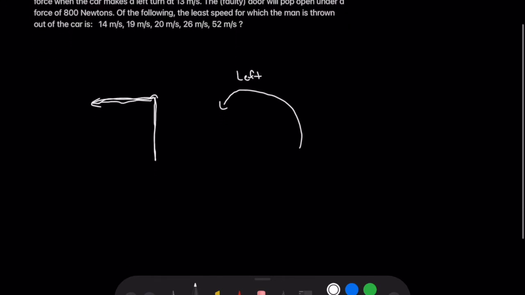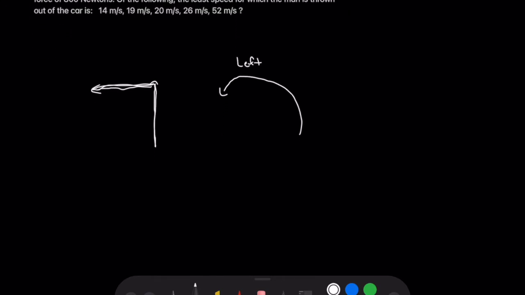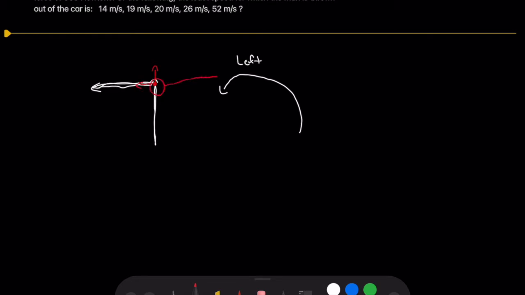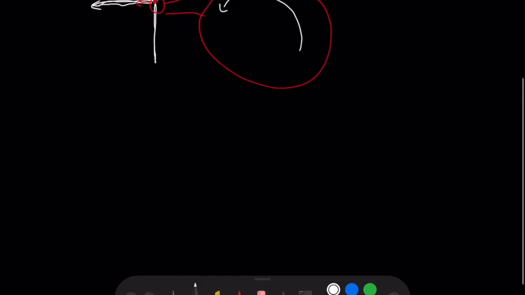So continuing with this, we know that a car is going through a turn. It's going to follow this general motion as it goes through the curve, because it doesn't just instantaneously go from this direction to suddenly that direction. So if we were to zoom in, you can think of this as what's happening there.